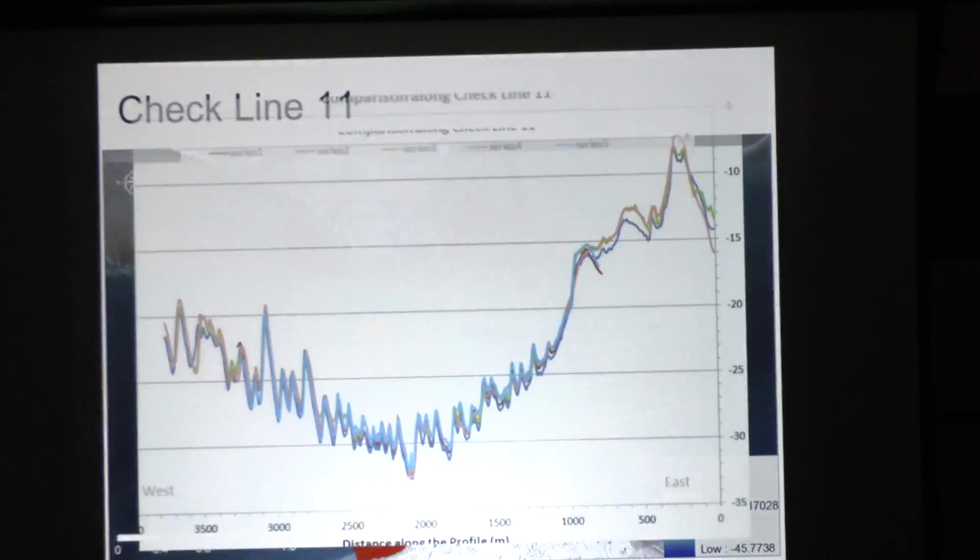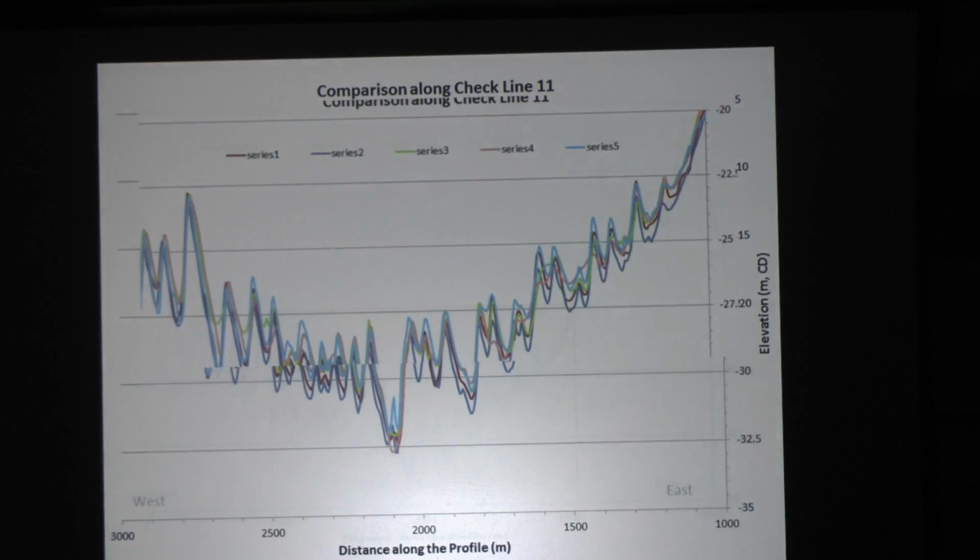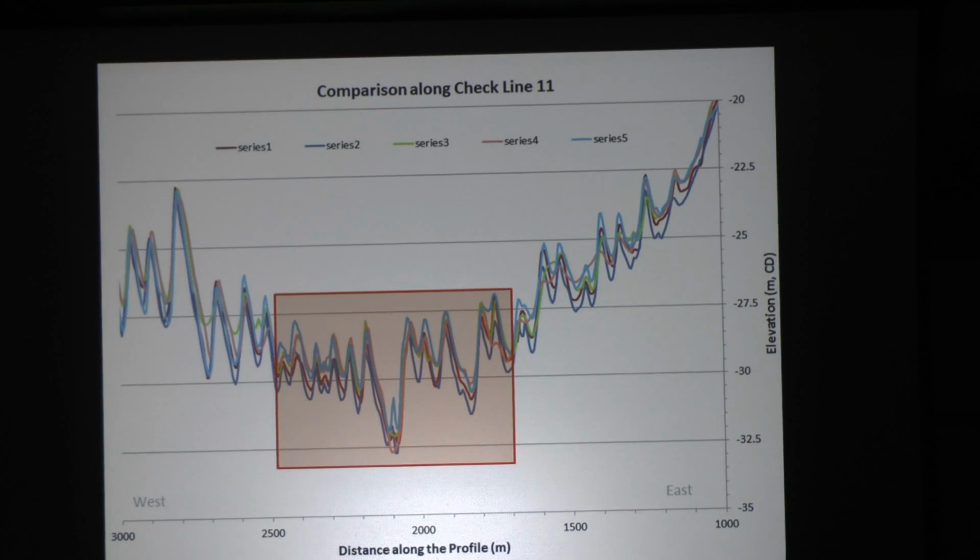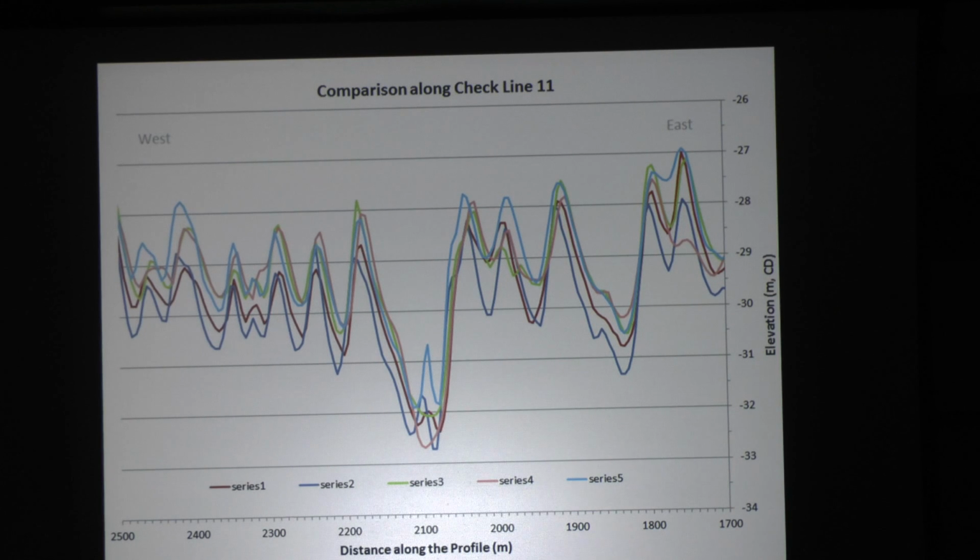But if we look at this profile, look at this red and blue. They are before and after some flood event. If you look here, they are moving this way.